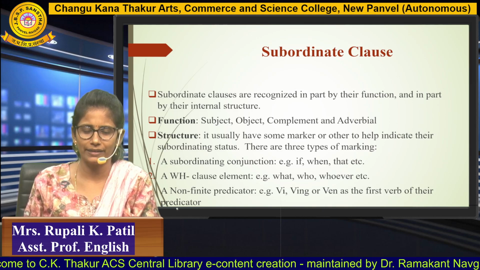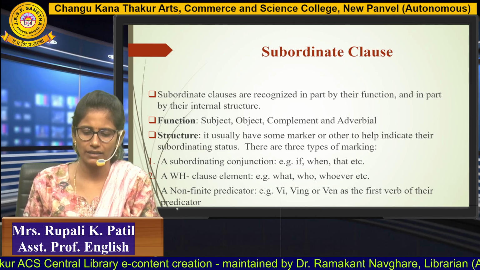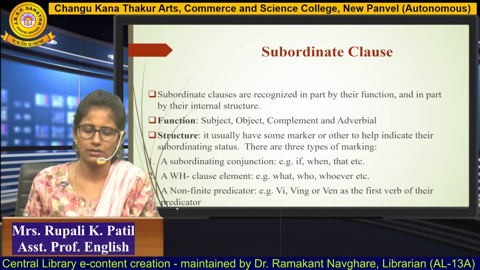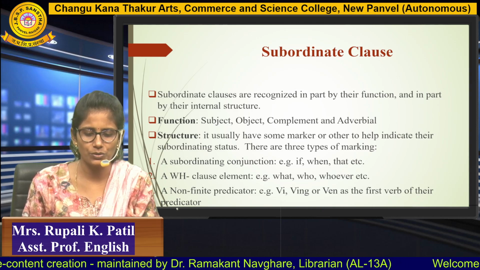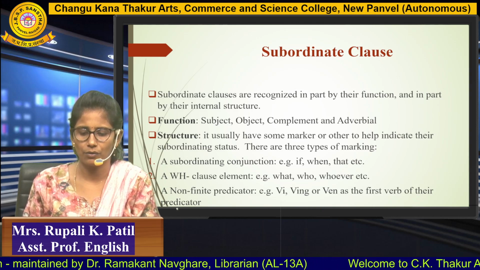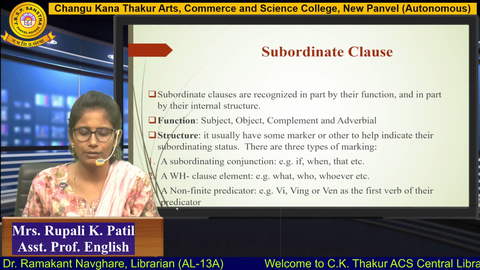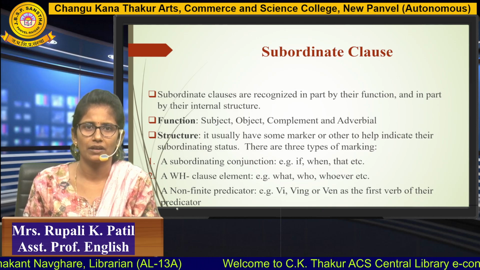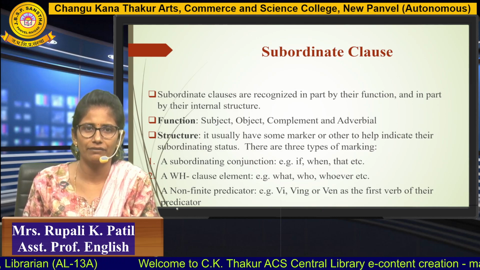So how to identify the subordinate clause? There are three types of marking which are usually used to start the subordinate clause. The first one is a subordinating conjunction such as if, when, that, etc. Second, a WH word clause element such as who, what, whoever.